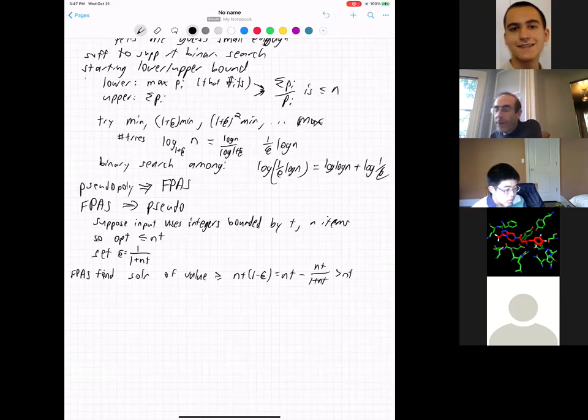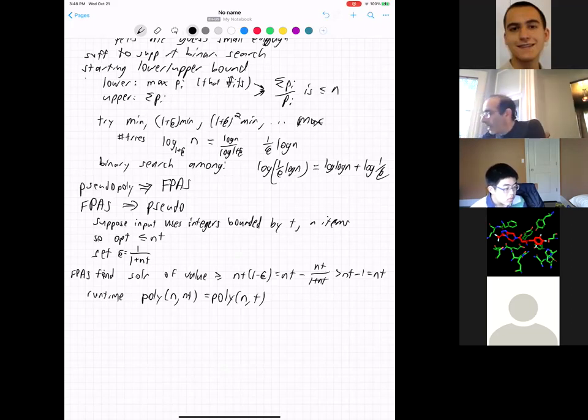So if I set the epsilon really small, I get back an optimum solution, and my runtime is now polynomial in the input size and also the value of the solution, but that's just polynomial in n and t. So it's very straightforward to transform a fully polynomial approximation scheme into a pseudo-polynomial algorithm. They're essentially the same thing in slightly different disguises.